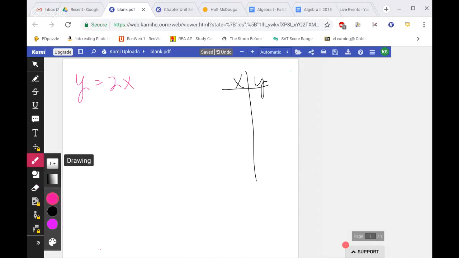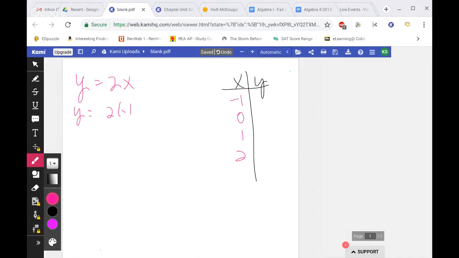So I can choose any values. A lot of times I like to choose the ones that I can do quick math with, as did the person who created these worksheets. So they just picked -1, 0, 1, and 2. So pretty simple values to work with when plugging in.